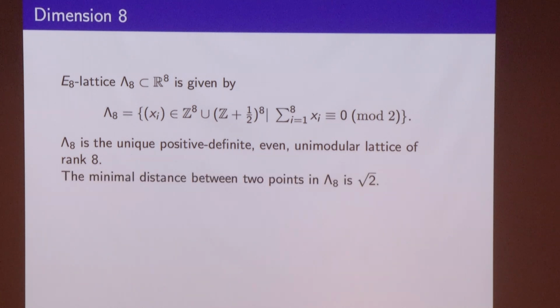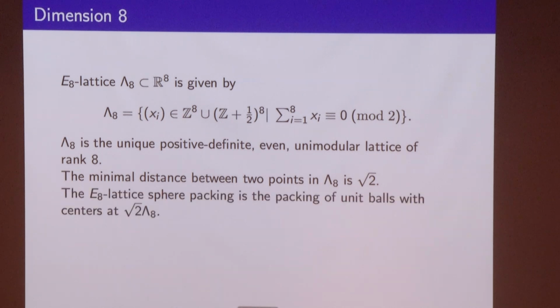Because it's an even lattice, the minimal distance between 2 points in this lattice would be square root of 2. So if we consider balls with radius 1 over square root of 2, we obtain a sphere packing. Another way would be to take this lattice and multiply it by square root of 2, then we can pack unit balls.